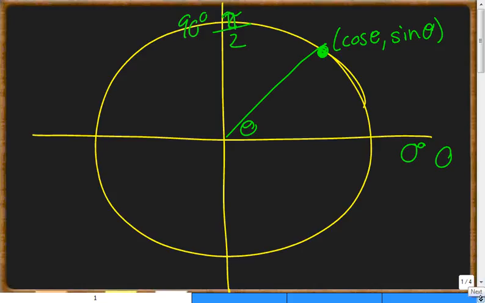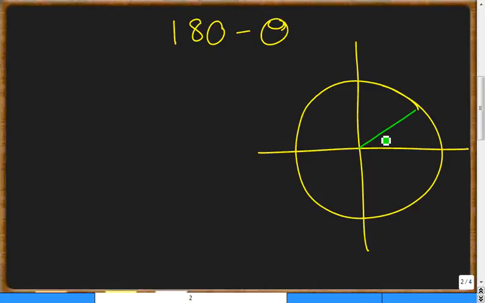So let's look at the different options here. If we know theta is there, so again, theta is this sort of angle here, well, what would 180 minus theta be? So 180 is represented here. We would take this same angle and subtract it to go to this side. So what would that mean for our points? What would the cosine of 180 minus theta be?